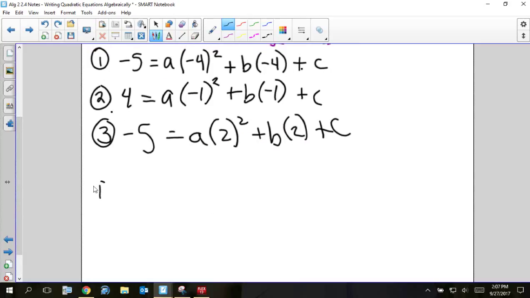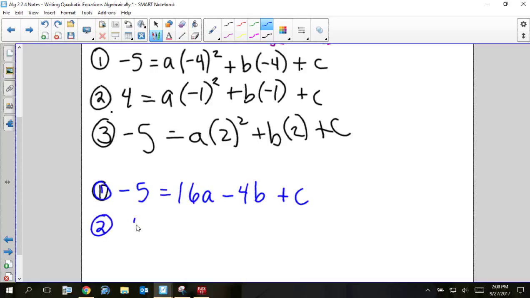So equation 1 is negative 5 equals 16a minus 4b plus c. So I multiply the negative 4 squared, multiply the negative 4 times the b, and rewrite the equation simplified.